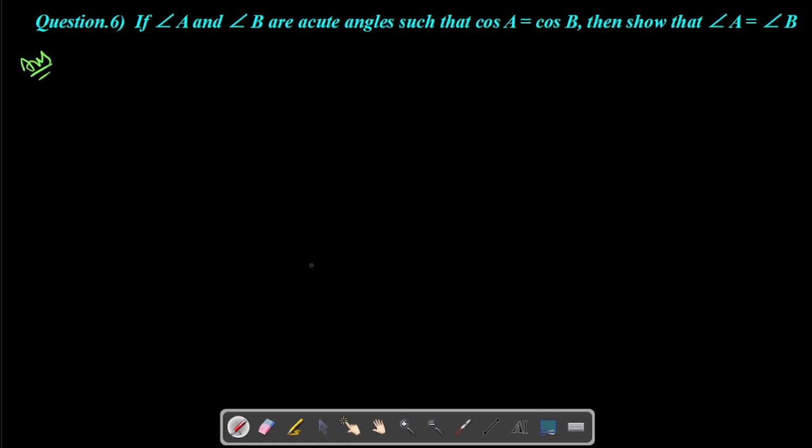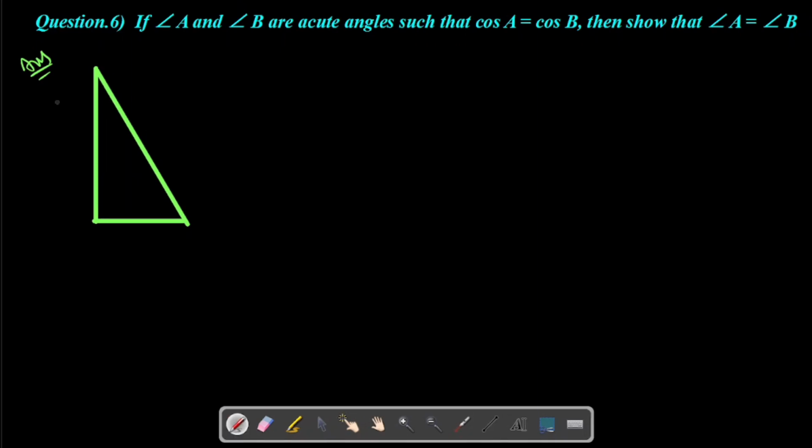For this, we just draw a triangle here so we can easily understand the question. Not all, but most of the questions of trigonometry are half solved when you draw a diagram. Some masters say that trigonometry basically depends on understanding the question.